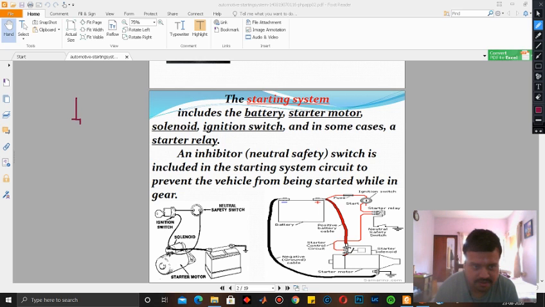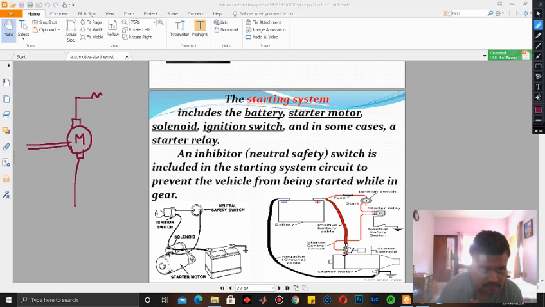The motor is symbolized as in the last module, where we studied DC machines, and this is the symbol of a motor, symbolized by M. Now it is a DC motor which has an armature RA and a field RF, right?